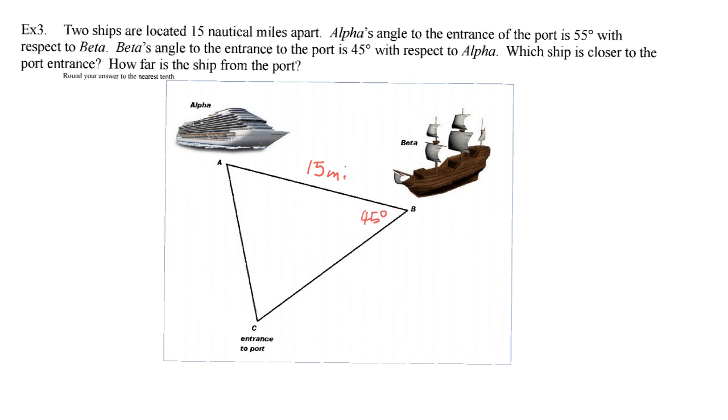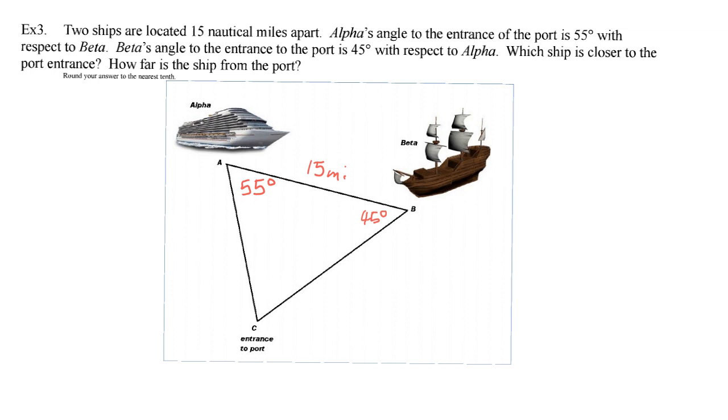So beta's angle with respect to the port and alpha is 45 degrees. Basically, the angle between here and here is 45 degrees. And then alpha's angle to the entrance of the port is 55 with respect to beta. So here's beta, here's its entrance port, and then we put 55 degrees for this angle.